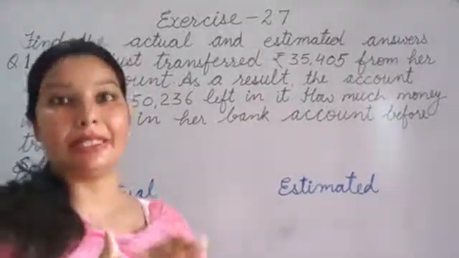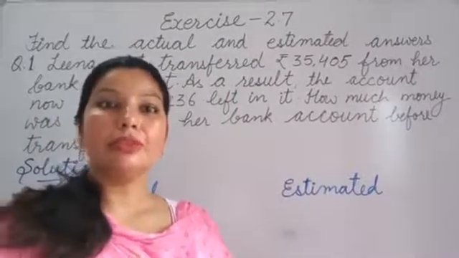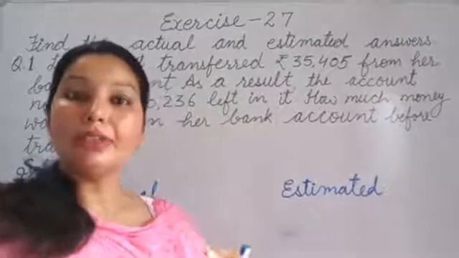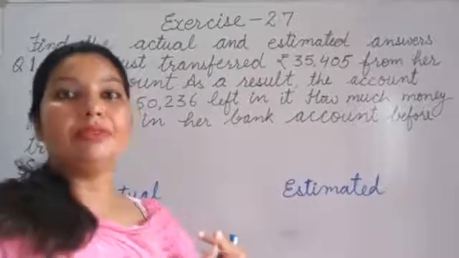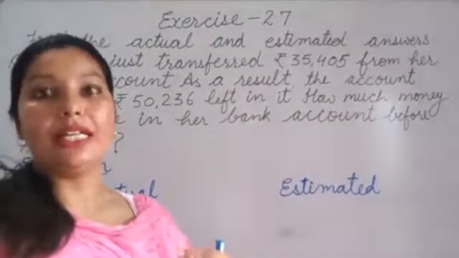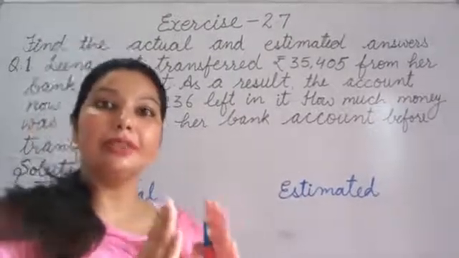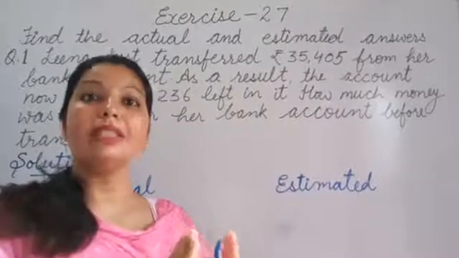Approximate means nearby. So how to find nearby? For a nearby answer, first of all we have to find their rounding numbers. When we find rounding numbers and then solve, that is called estimation. If we are adding rounding numbers, that is called estimated sum.